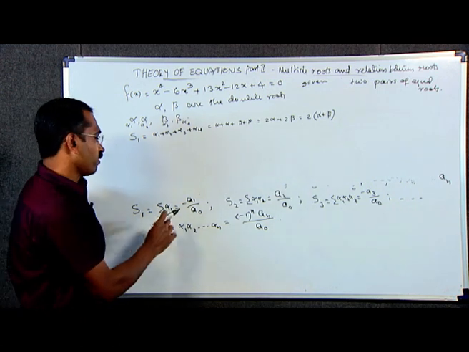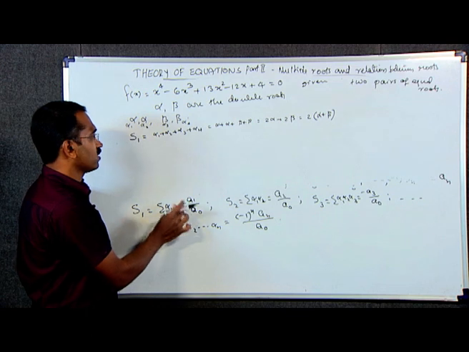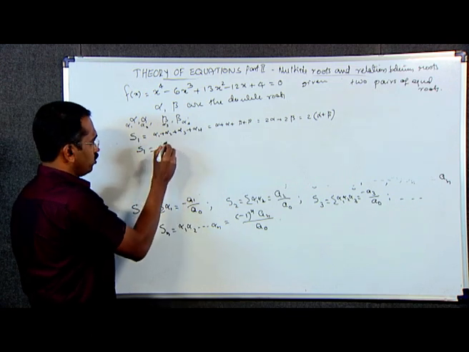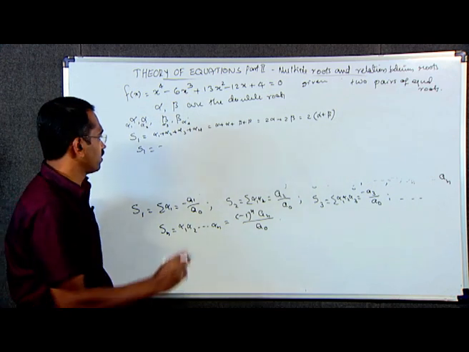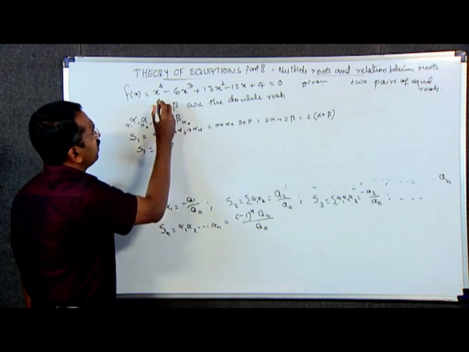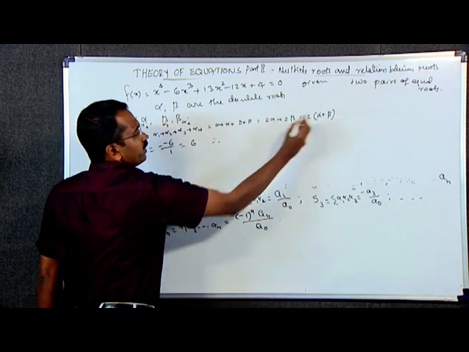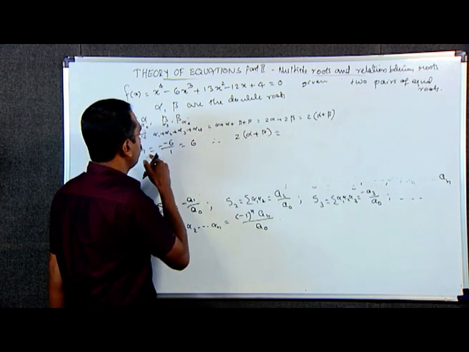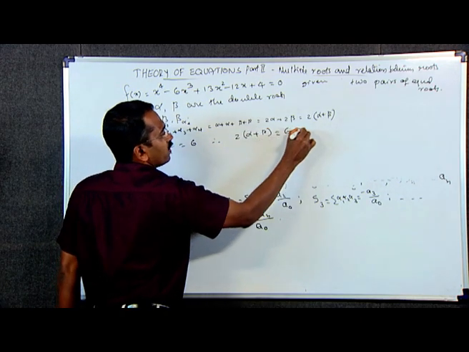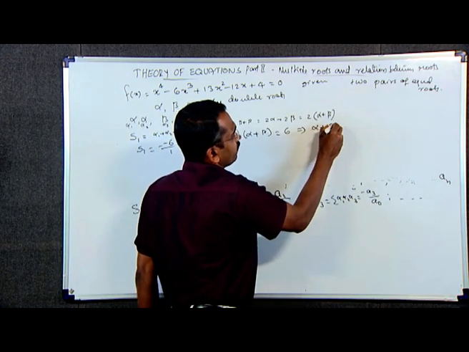Therefore, S1 is equal to minus A1 by A0, that is minus minus 6 divided by 1, that is 6. Therefore, we can write 2 times alpha plus beta is equal to 6, implies alpha plus beta is equal to 3.